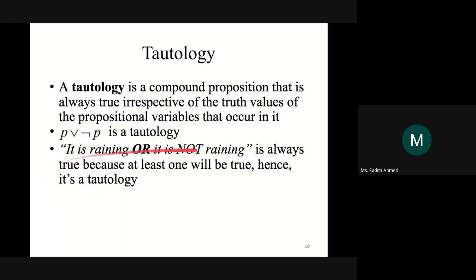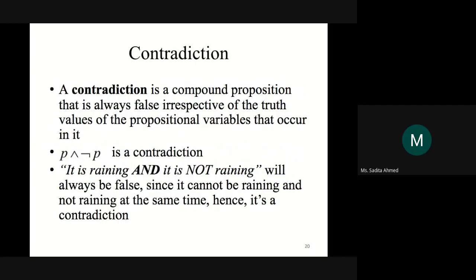So you see here, even in natural language, it makes sense. It is raining or it is not raining. At least one must be true. If it is raining, then you have it true. If it is not raining, then this is true, and that makes it true. So this will always be a tautology regardless of the truth value of P or not P individually. Okay? Does it make sense to everybody that P or not P is a tautology? Yes, ma'am. Okay, let's move on to a contradiction.